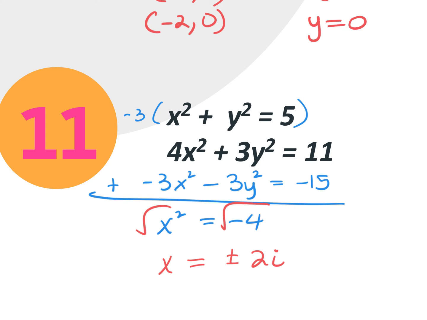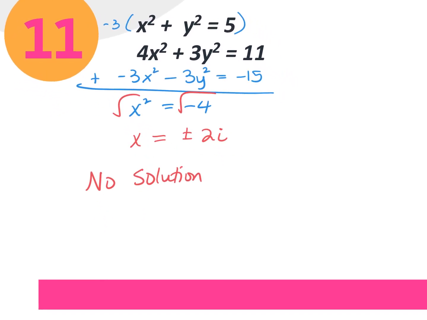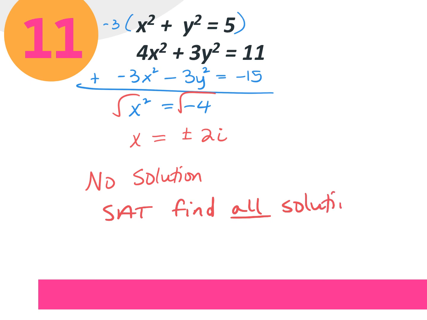So again, for WebAssign, stop here and say no solution. Again, WebAssign is looking for real solutions. But let's say it was SAT and they said find all solutions, and that would include imaginary.